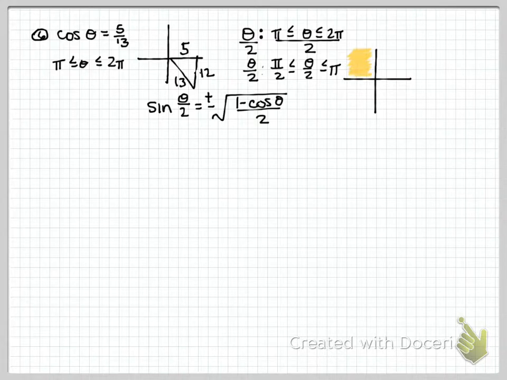Based upon the quadrant, I know that sine is positive, so I can get rid of this negative sign down here. Now I just fill in the blanks and solve it. 1 minus the cosine, from my triangle, my cosine was 5 over 13. I'm going to put 5 over 13 divided by 2, and now just simplify it.